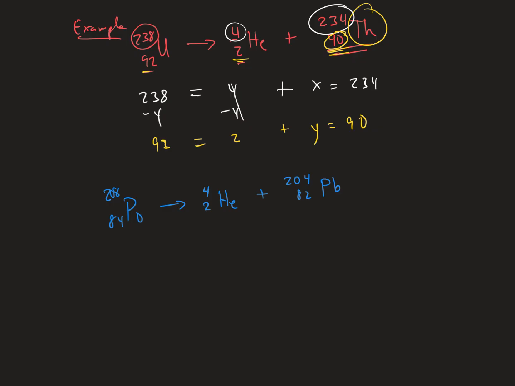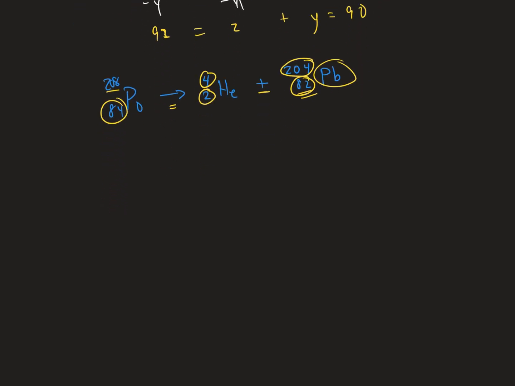So here's a way to check it. 82 plus 2, does that equal 84? Then we did it right. 204 plus 4, does that equal 208? Yes. Then we did it right. Then double check that 82 is lead. Not too bad. Pretty straightforward? Okay, ready for beta?